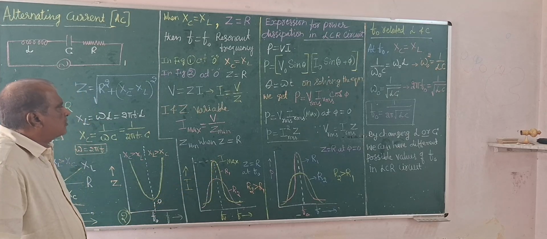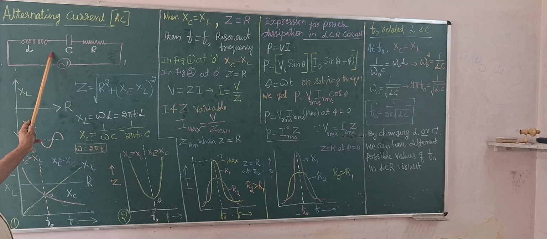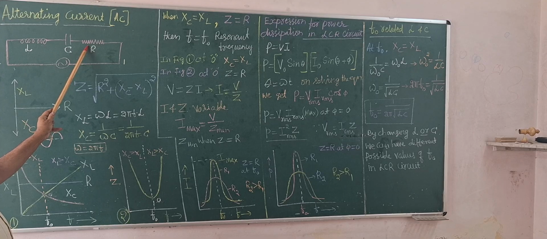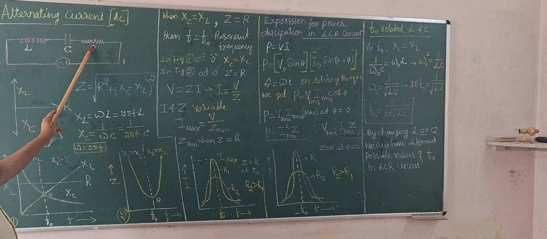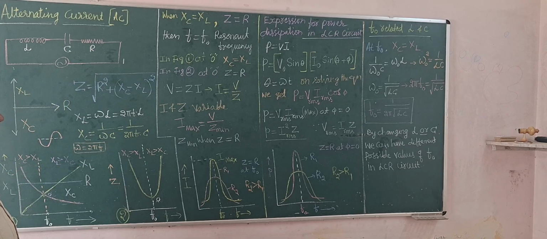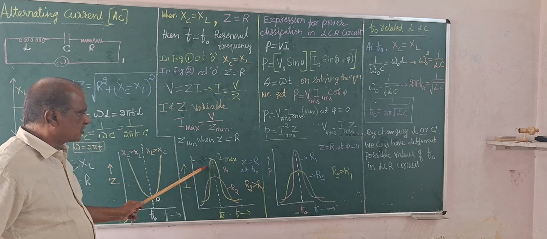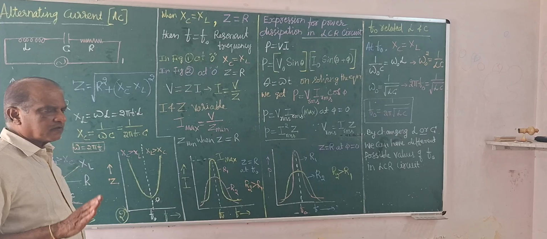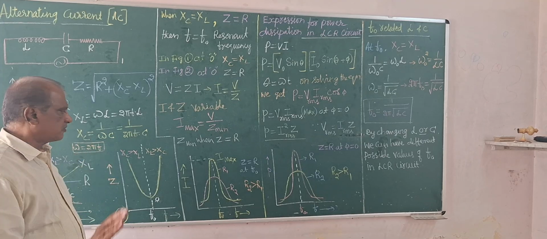To get that, we always use an LCR circuit of lowest possible resistance. If you have that LCR, in any radio or transistor or any TV, we get very good quality of sound and very good quality of picture as well.